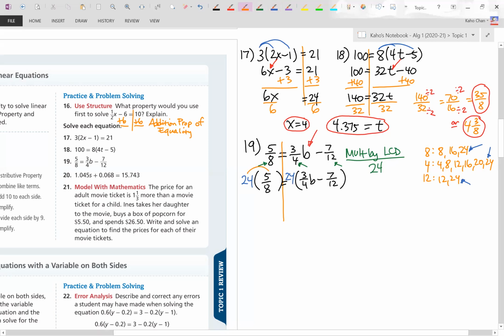You are distributing with 24, and if it's a binomial, you distribute to both of them. 24 times reduced with 8 is 3 times. That's the whole point of that, to get rid of the denominator. 3 times 5 is 15. Over here on the other side, 4 goes into 24 6 times.